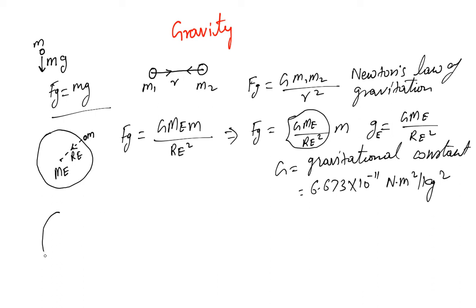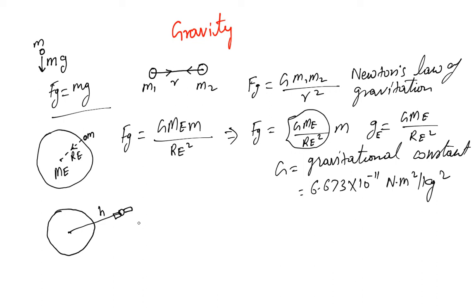Let's say you are calculating the gravity, and let's say this is Earth, assuming this is a sphere, and you are at a height h, let's say some satellite is going around the Earth at a height h.